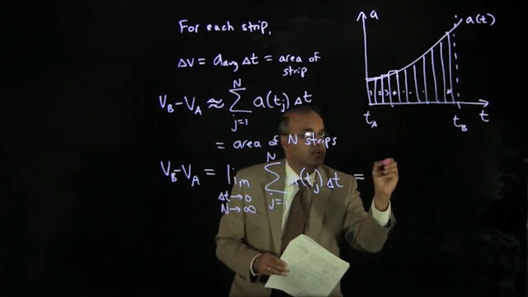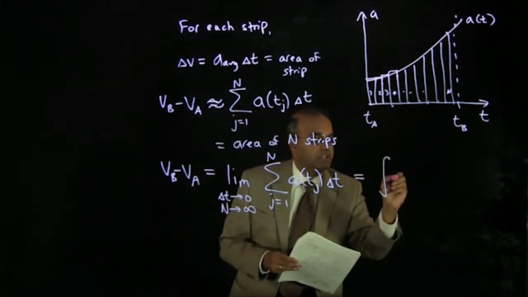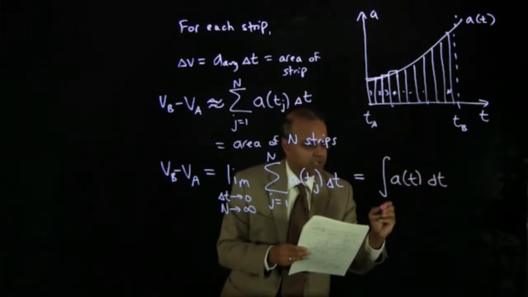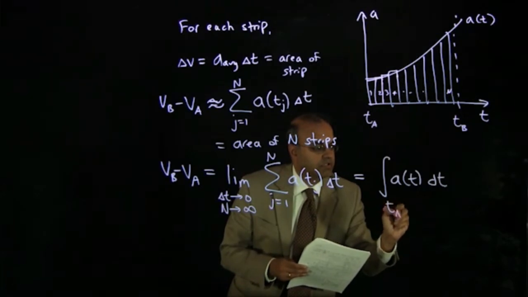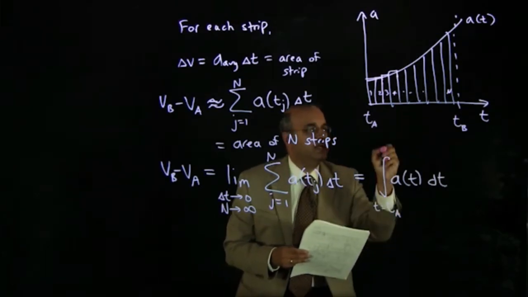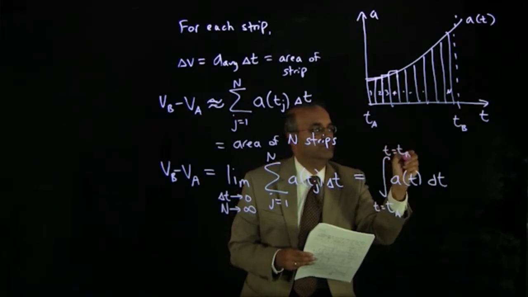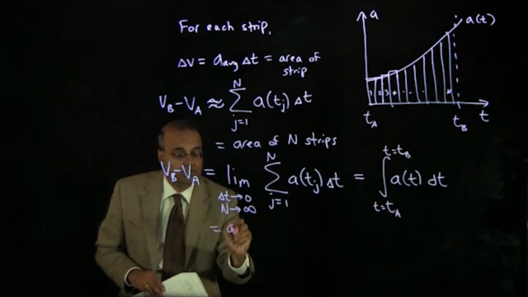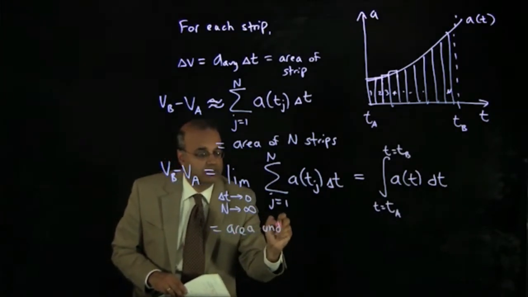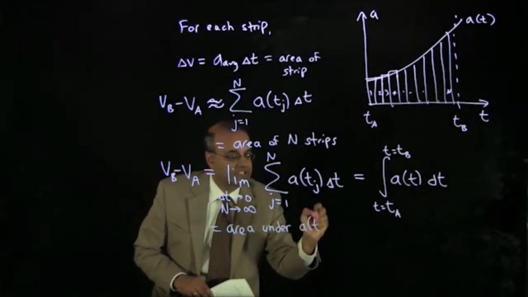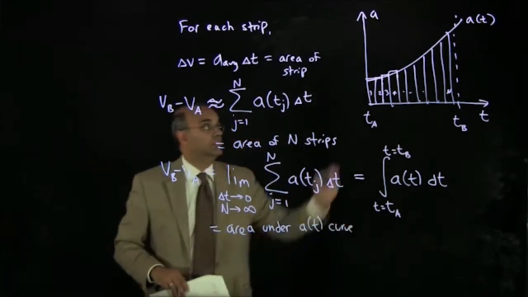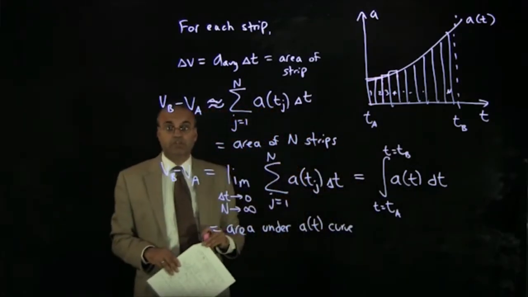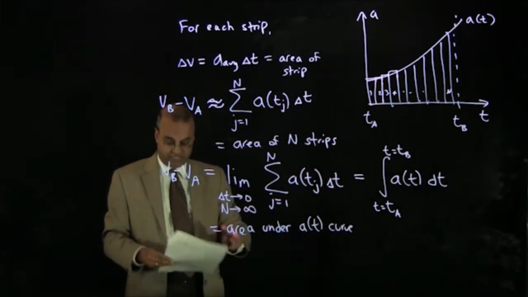So we write it as the integral of the function a of t dt evaluated from time equals t sub a to time equals t sub b. And this is the area under the a of t curve, the exact area, not the approximate area, but the exact area under the a of t curve over the interval from t sub a to t sub b.